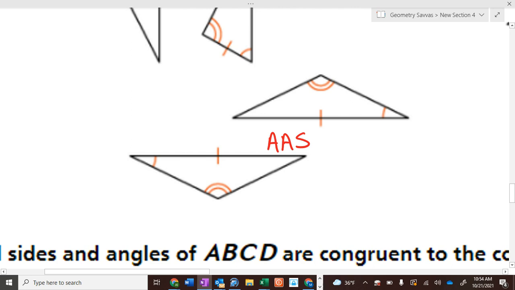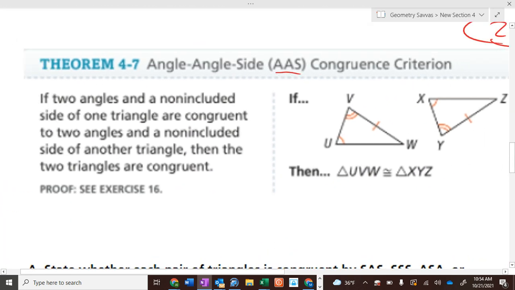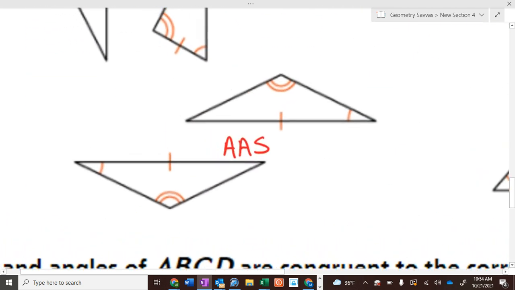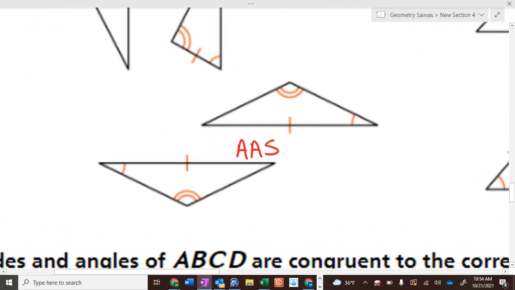Angle angle side. We just learned about it right here if you were paying attention. Angle angle side. That's side angle. No. This is two angles and a side. Side angle is two sides and an angle.